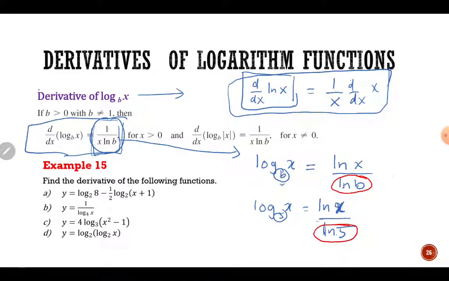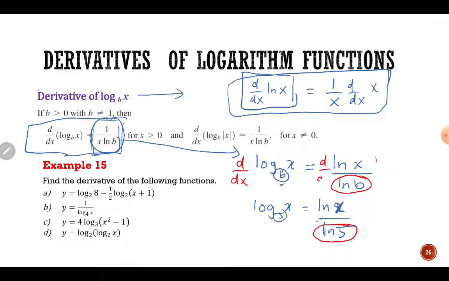Okay, so sekiranya kita nak cari derivative, maknanya kita nak cari d dx of log x base b, dia samalah dengan d dx of ln x over ln b. And ln b ni is a constant. Dia macam nombor 1, 2, 3. Ln b ni ada satu value, one fixed value. So since it's a constant, you may bring it out.